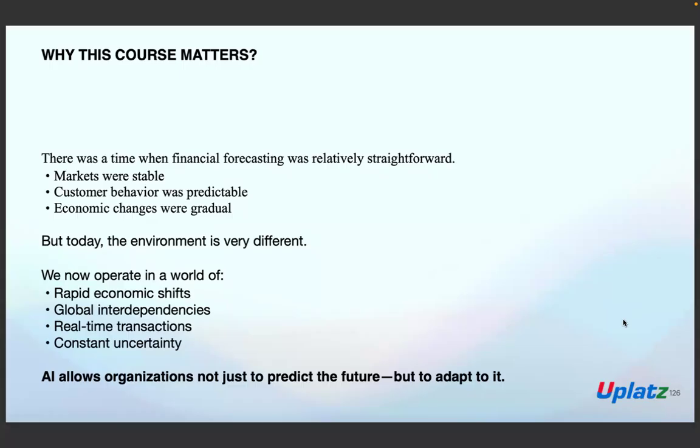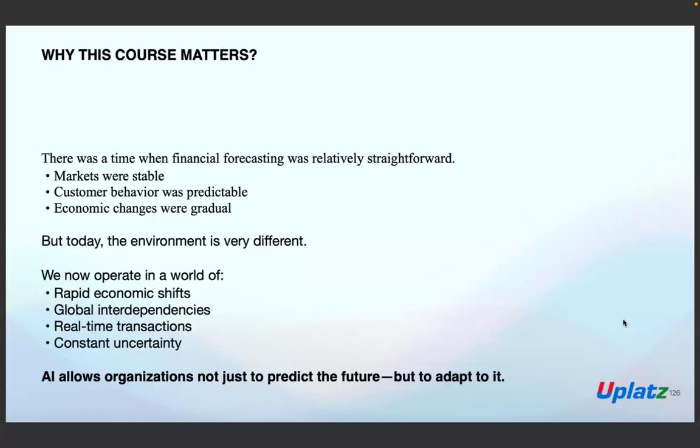But today, the environment is very different. We now operate in a world of rapid economic shifts, global interdependencies, real time transactions, and constant uncertainty. Customer behavior changes overnight. Markets react instantly to news.